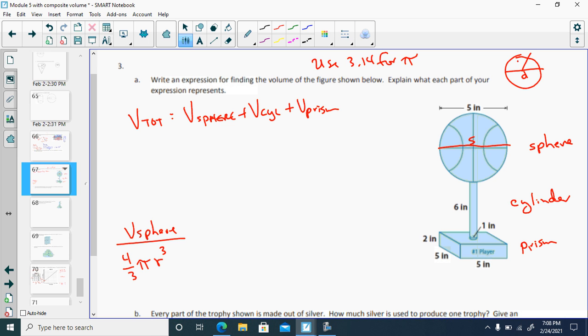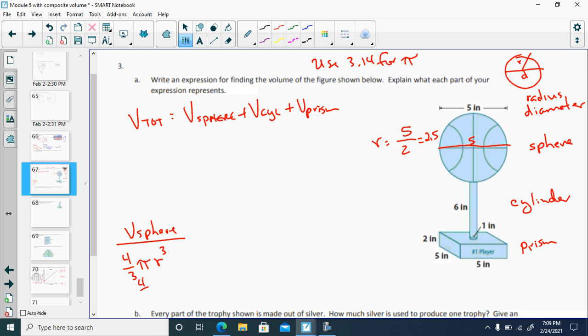Half the way across is your radius. I know that because if I write down radius and I write down diameter, diameter is the longer word. The radius is the one that's halfway across. So if I take this 5 and I divide by 2, my radius is going to be equal to 2.5.